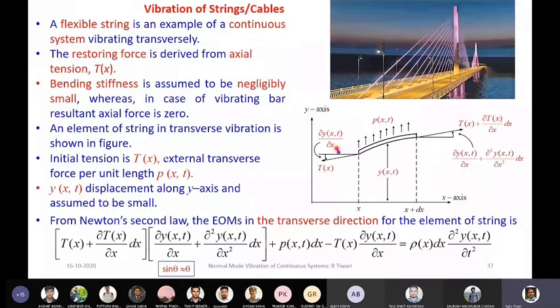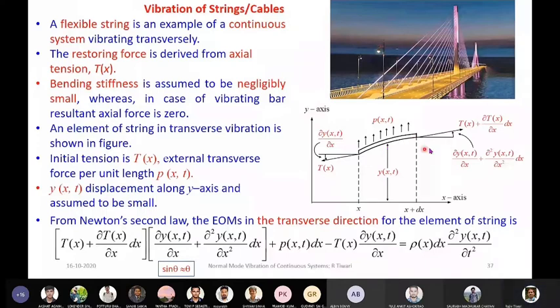When we go to the right side, because the loading is there, not only is the initial tension changing, this is the change in the initial tension, and this is the change in the slope of the cable. Because the loading is in the transverse direction, time-dependent loading, the force components which are transferred to the cable we need to consider for the dynamics of this cable.